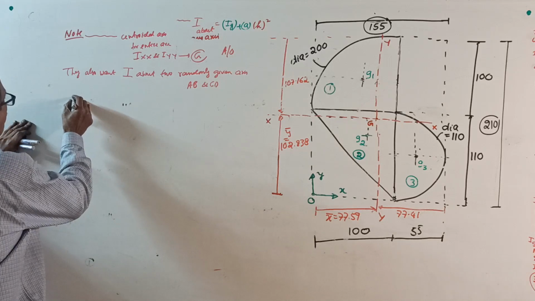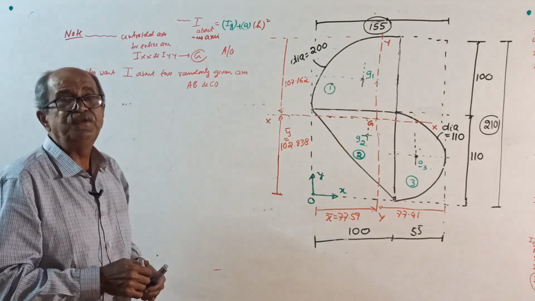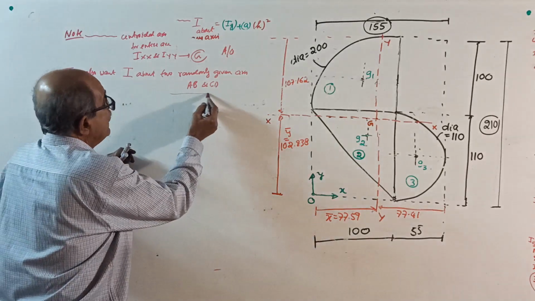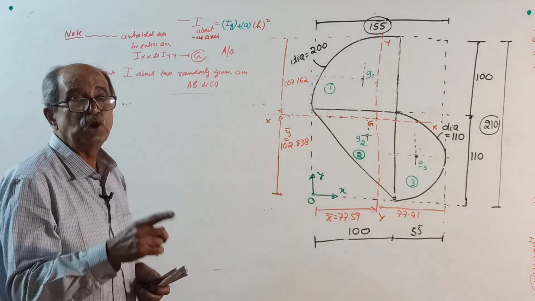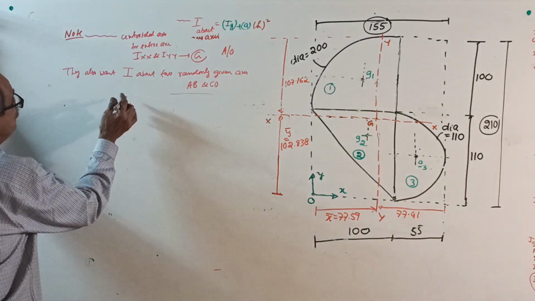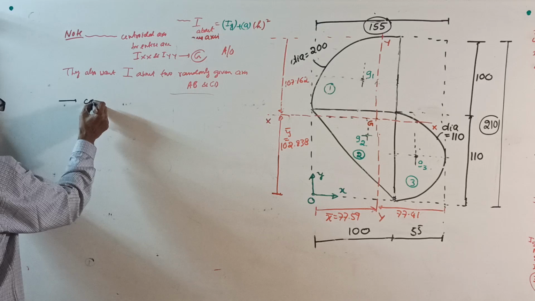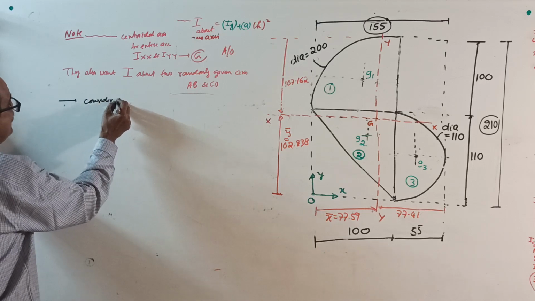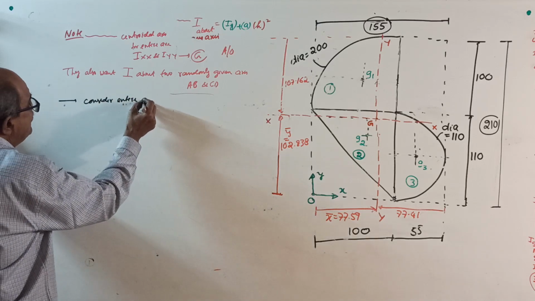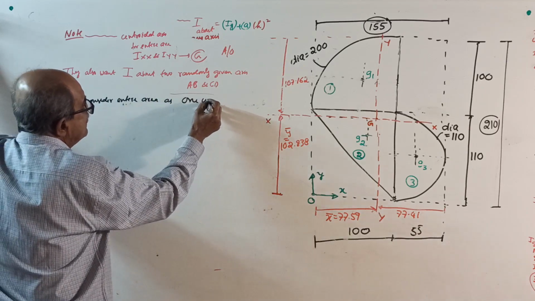We need not once again struggle part by part. A shortcut is there, I told you. What you can do is consider the entire area as one unit.